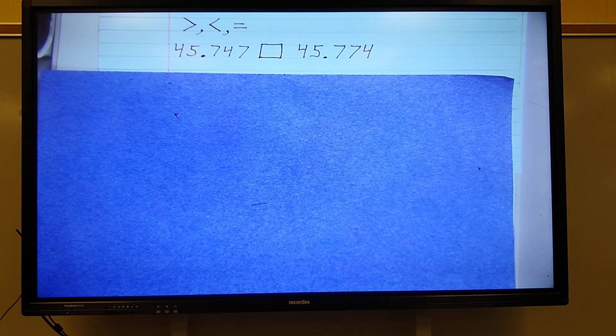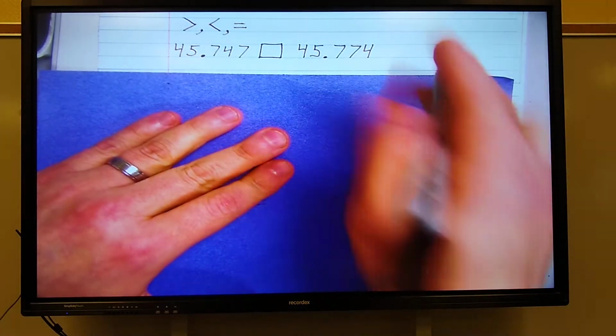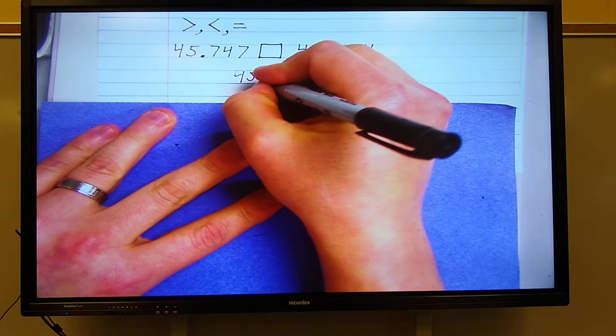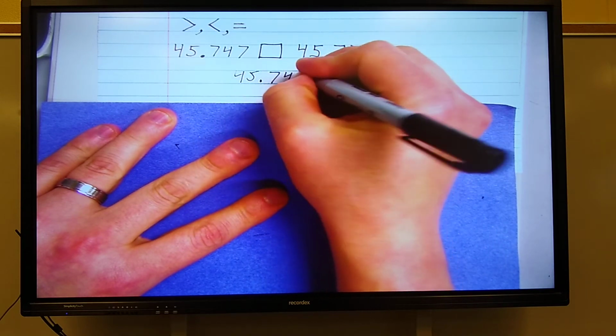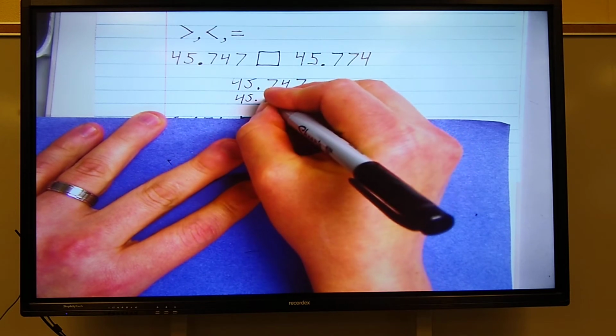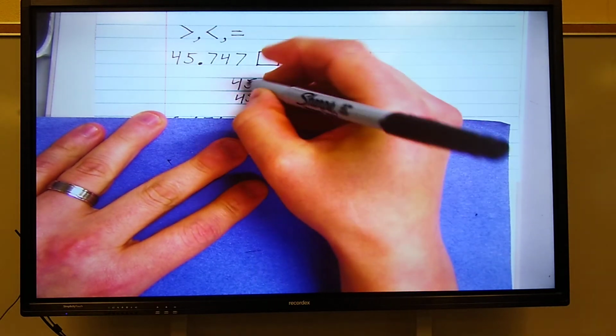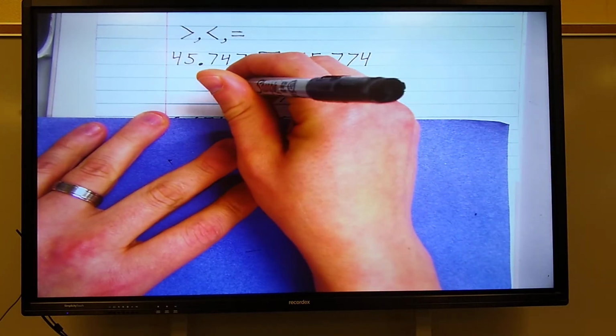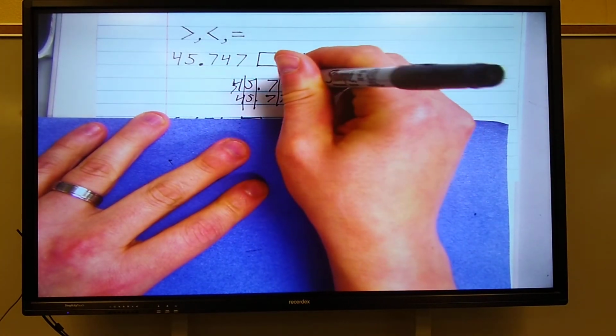All right. First thing I got to do is line them up. 45 and 747, 45 and 774. The ones place I can't use. The tens place I can't use. Well, let me break them all down.